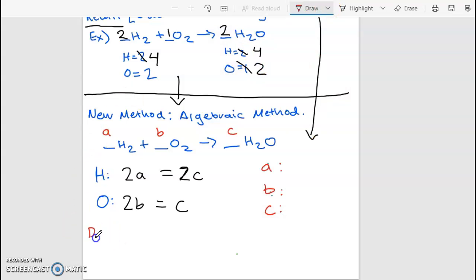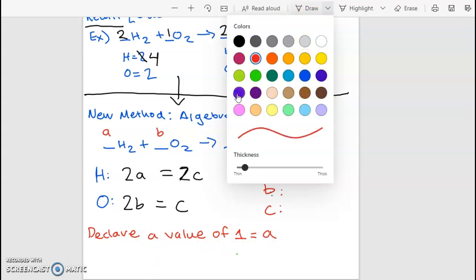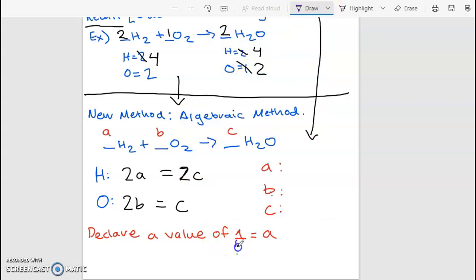So let's declare a value of 1, and we choose a variable. So A, B, or C. I'm going to choose A. So if we declare a value of 1 is equal to A, that means 2 times A is equal to 2 times 1, because remember, we just said A is equal to 1.